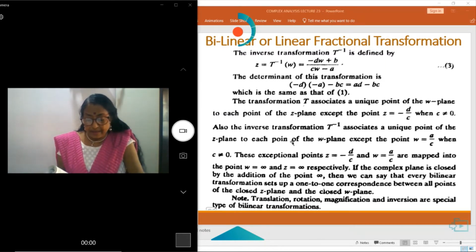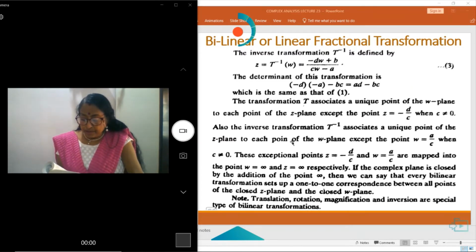If the complex plane is closed by the addition of the point at infinity, then we can say that every bilinear transformation sets up a one-to-one correspondence between all points of the closed Z plane and the closed W plane.